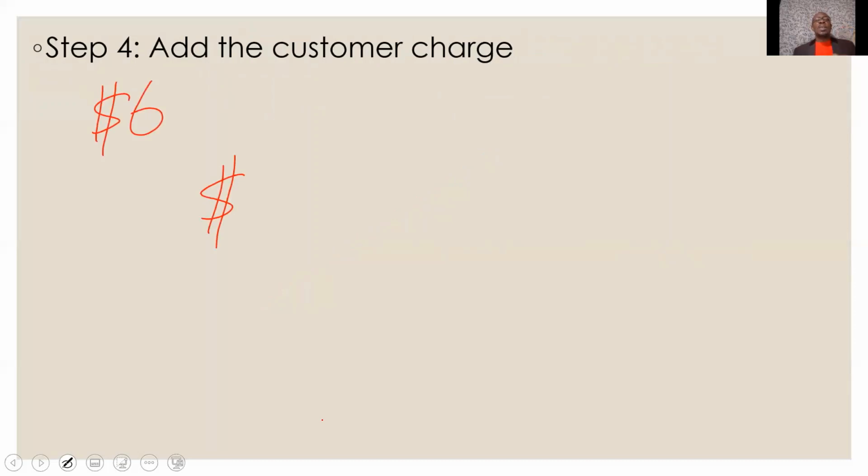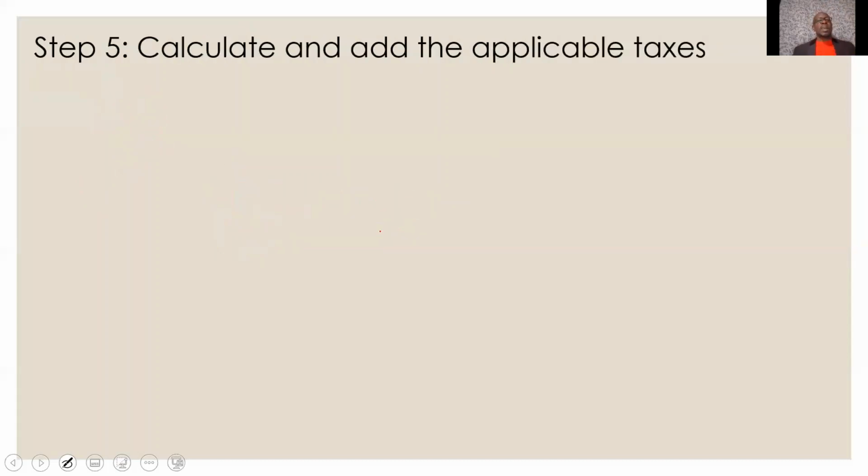We now need to add the customer charge, and the customer charge is $6. So when we add the customer charge, we now get a total of $2,113.52. So that's step 4. The next step is to calculate and add the applicable taxes. The tax rate for Trinidad and Tobago is 12.5%.